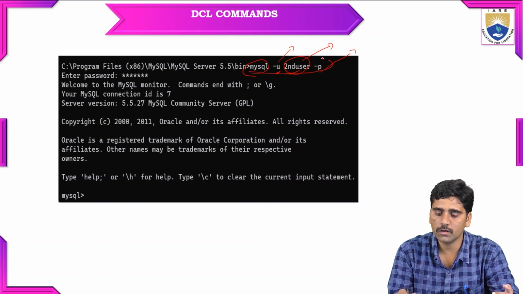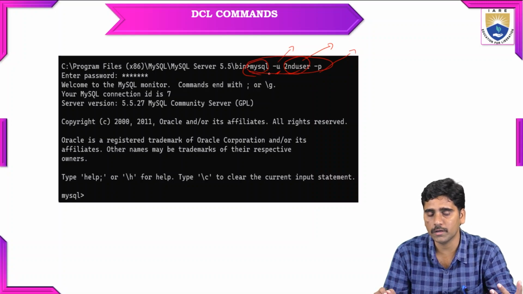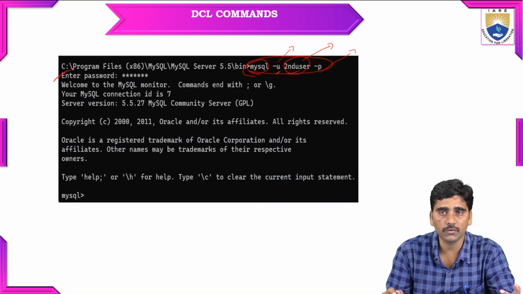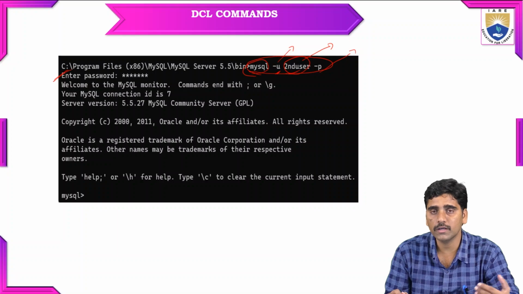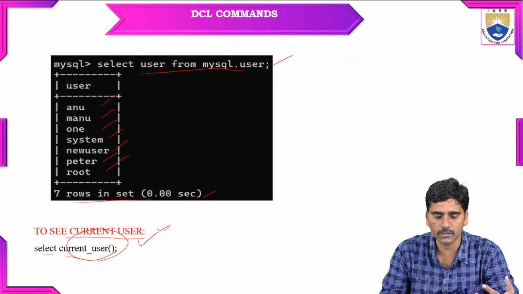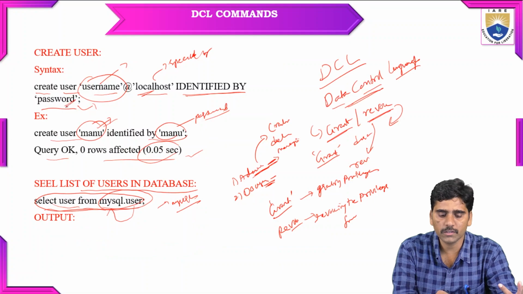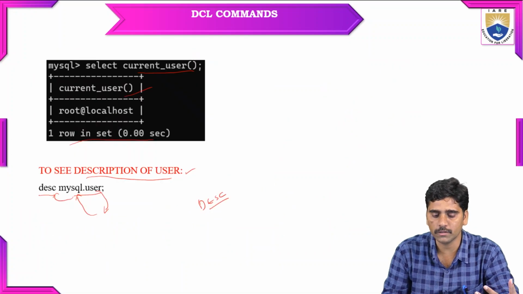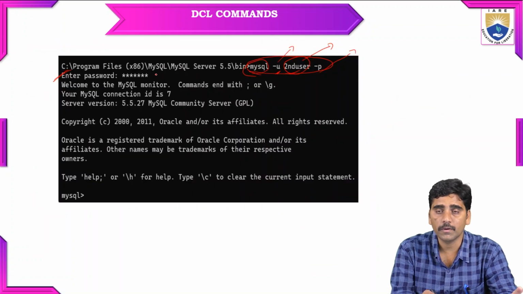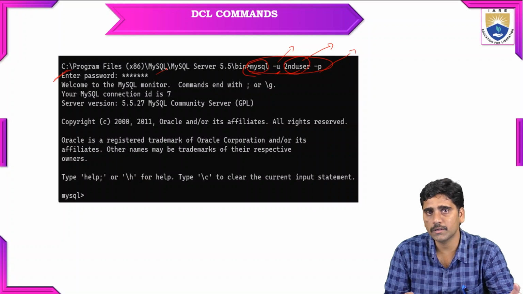After typing mysql space -u space username space -p, it asks you to enter the password. We already assigned the password when we were creating the user, where it says identified by password. So that password you need to type here in this command prompt.